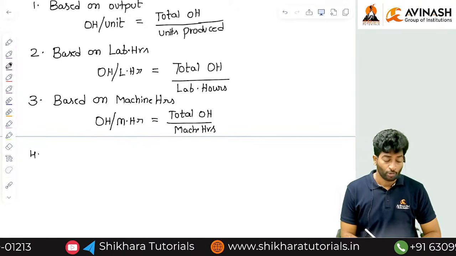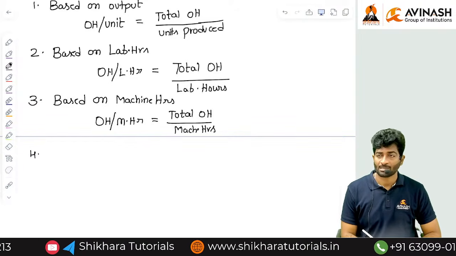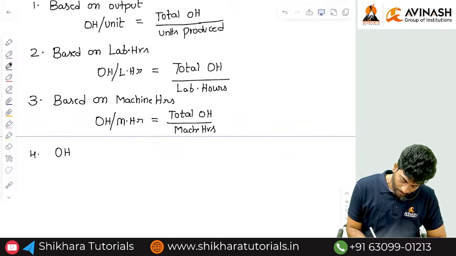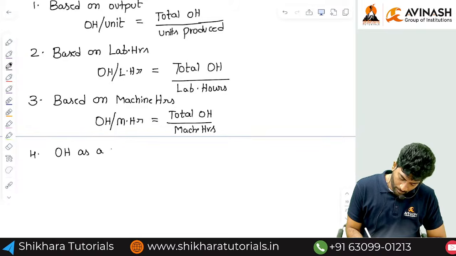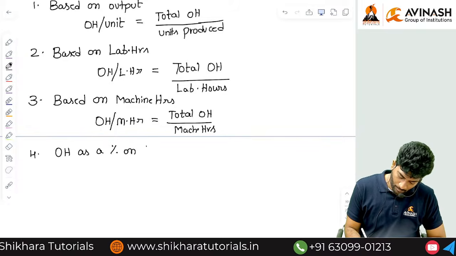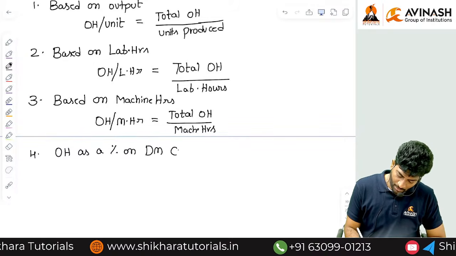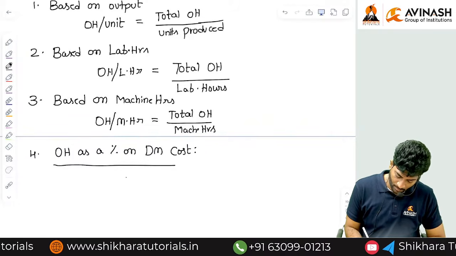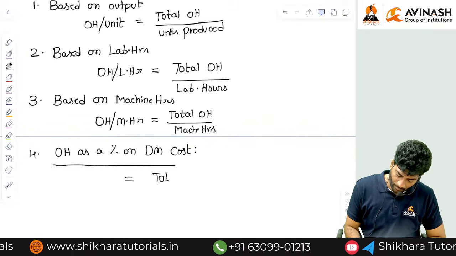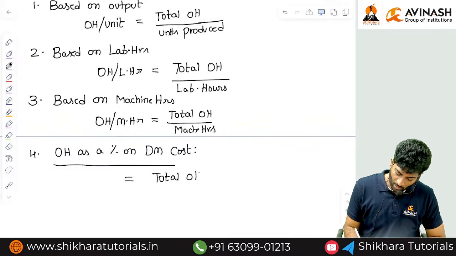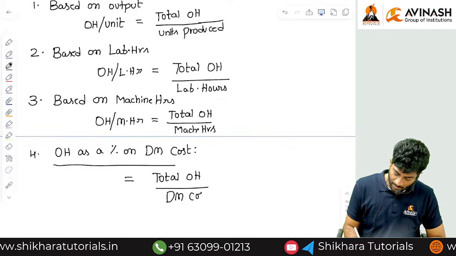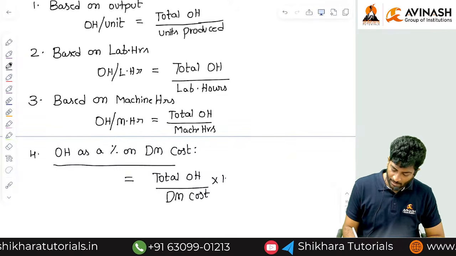And you can express overhead as a percentage on material cost, as a percentage on direct material cost: total overhead divided by direct material cost into 100.